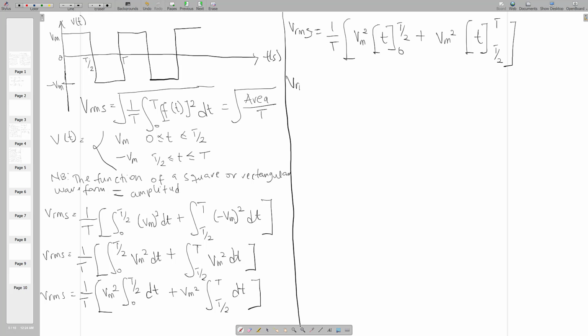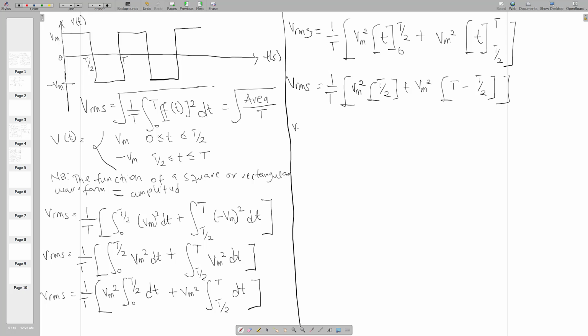So then VRMS will be equal to 1 on T, Vm squared. Putting in the limit over here, I'll have T on 2, plus Vm squared, and here will be T minus T on 2, like this.